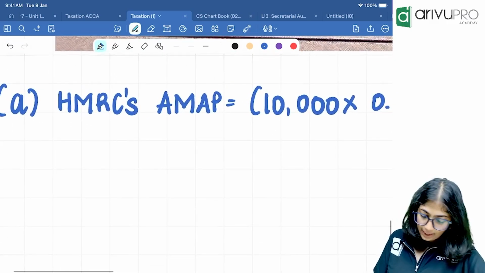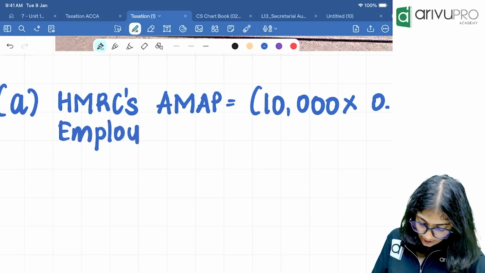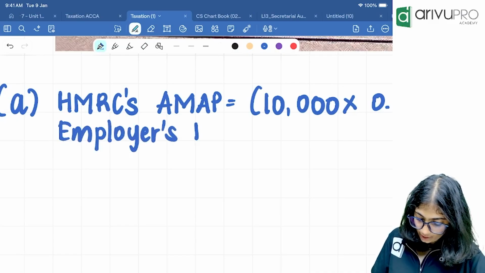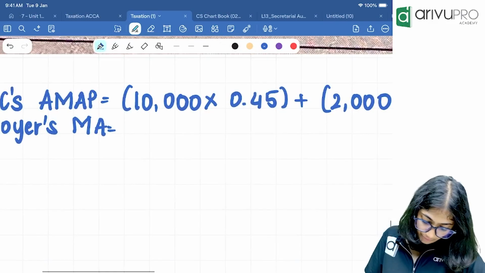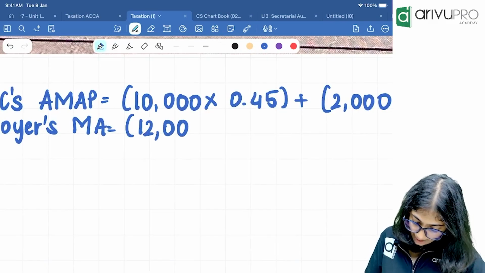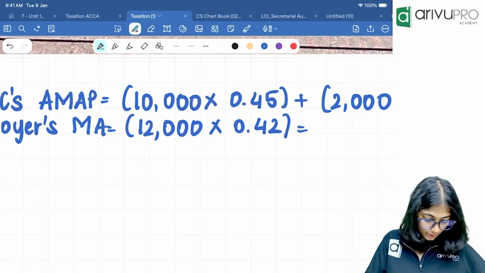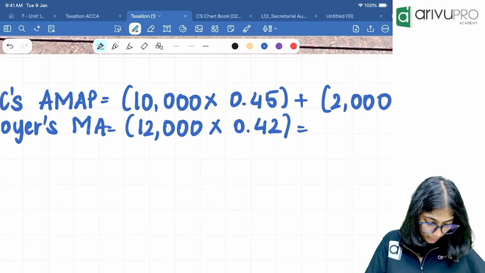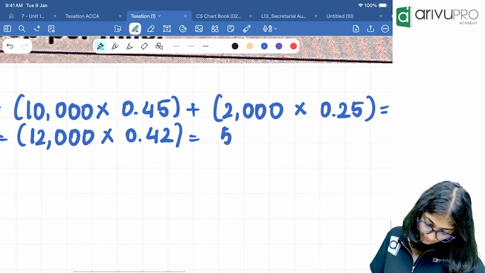However, the employer is giving a mileage allowance. The employer's mileage allowance is 0.42 for the entire 12,000 miles. So 0.42 into 12,000, how much is that? 5,040 pounds.